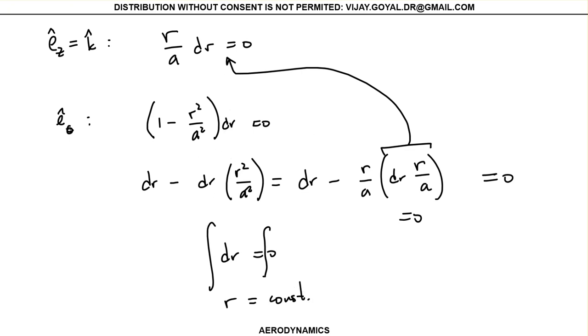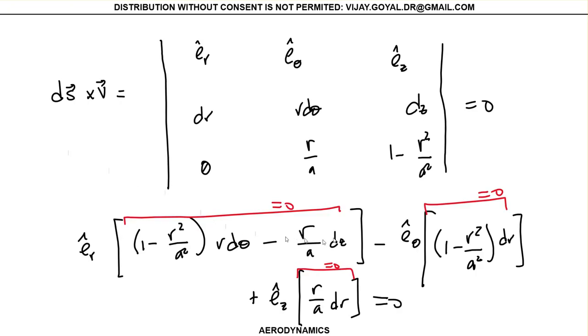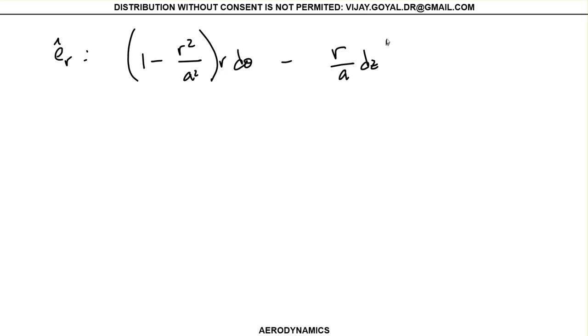So I used these equations. Now let's go to your last equation, that is this equation right here, and let's see what we can do with that. So the first equation from E r now says that 1 minus r squared over a squared, times r d theta, minus r a dz, all of this has to be 0.